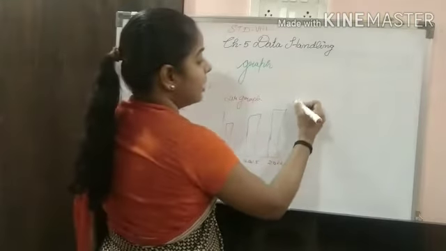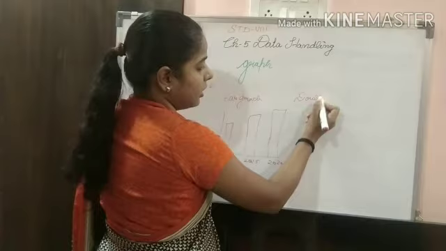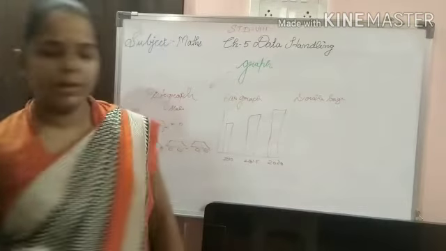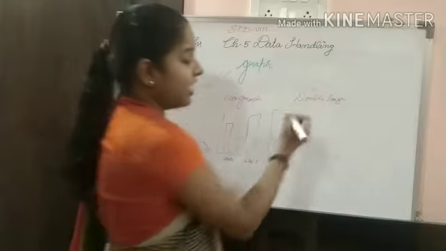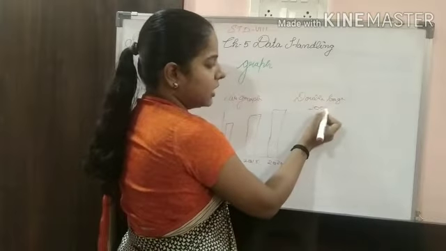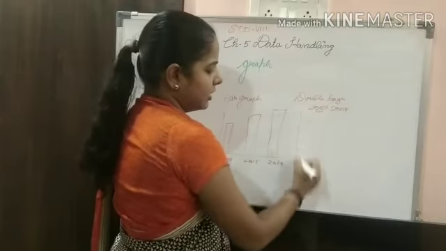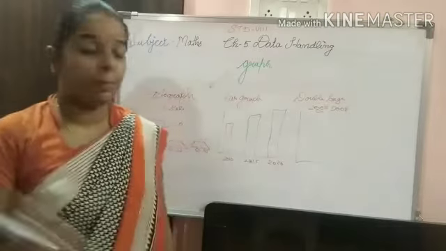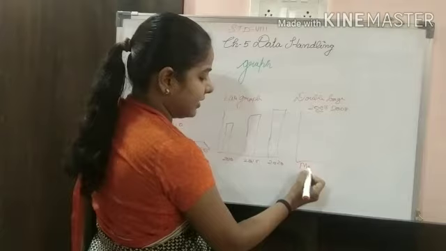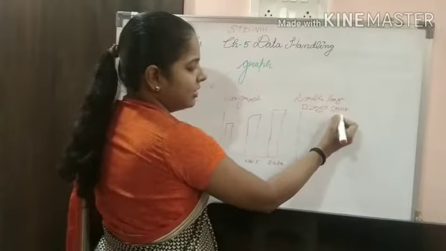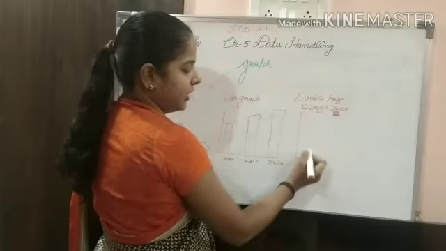Next is the double bar graph. How will we make a double bar graph? If a child obtained marks in maths in 2007 and 2008, and we compare all subject marks, here maths, one transparent box is for 2007 and a shaded box is for 2008.